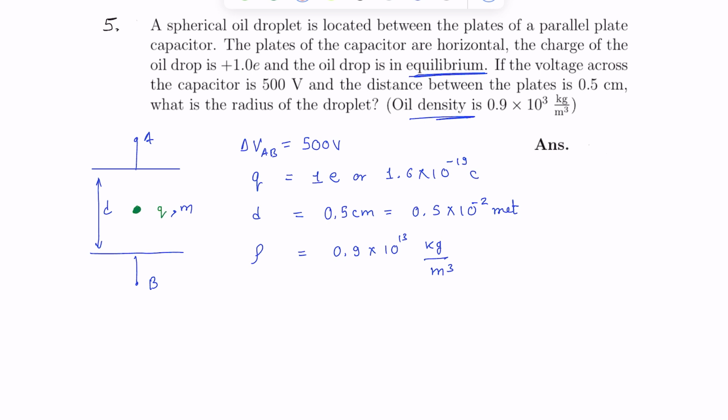And we all know that in a parallel plate capacitor, there are electric fields like that, right? And because there's a charge in the electric field, there will be some force on it. So if I make that guy here, there will be some force on it that will be pushing it up, the electric force, and there will be another force pulling it down, that will be the gravitational pull.